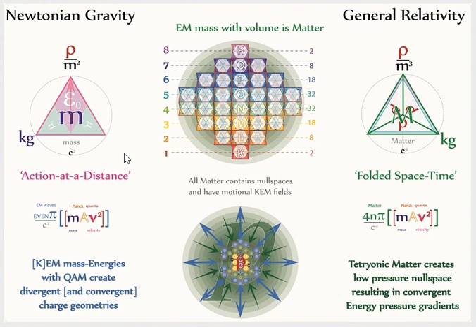As the surrounding vacuum energy impinges and tries to equalize that energy density, as it always will do under the second law of Tetryonics, it creates a strictly convergent force, and that force will remain as long as there is a matter geometry remaining with zero energy inside it.